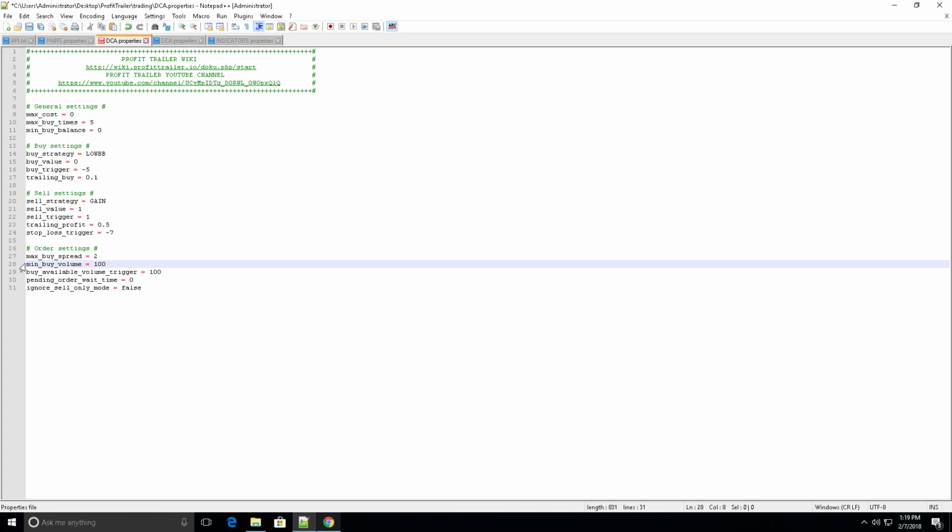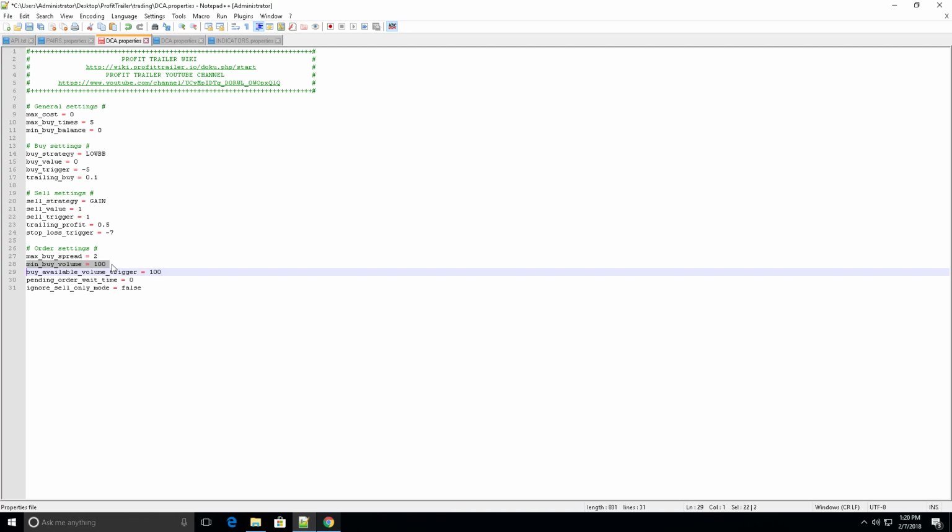What this setting allows you to do is say, for example we set 100 here, but you can use any volume you want, that if the coin has less than 100 BTC in volume, then you don't want to trade that coin anymore. You don't want the bot to DCA on that coin.